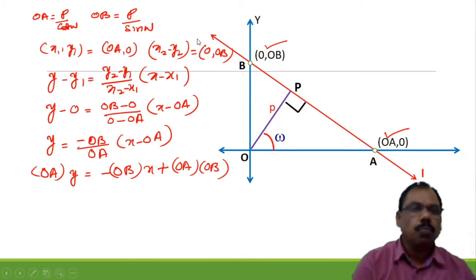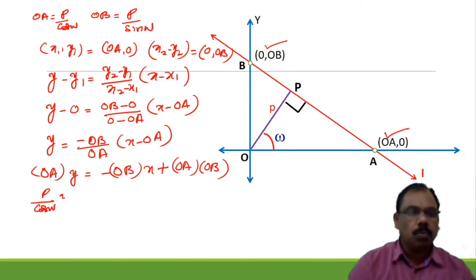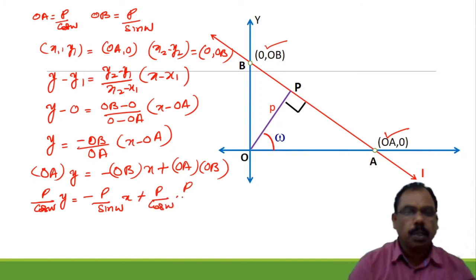Replacing the values of OA and OB, we get p by cos omega into y is equal to minus p by sin omega into x plus p by cos omega into p by sin omega.